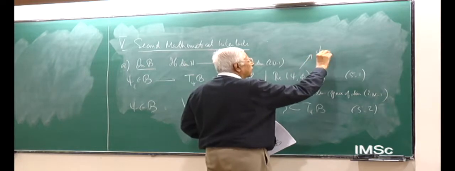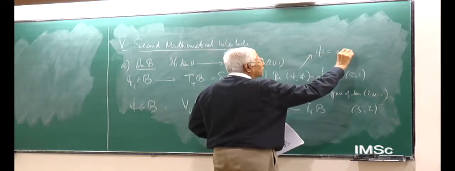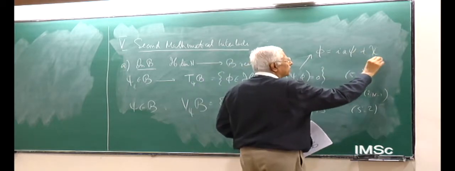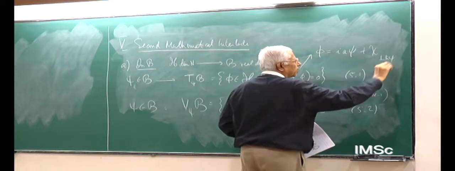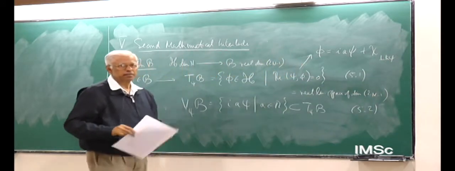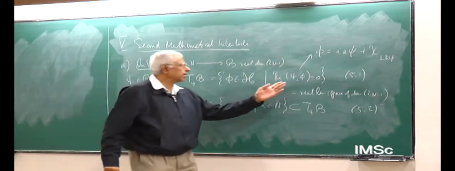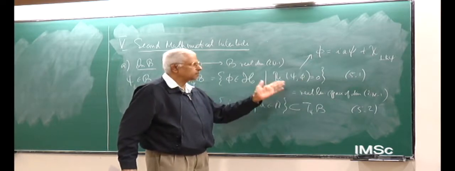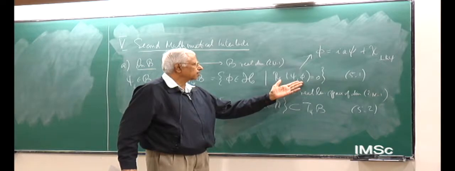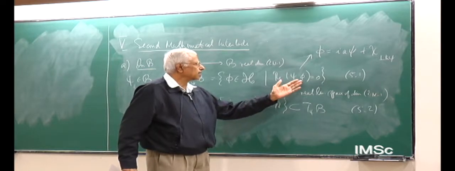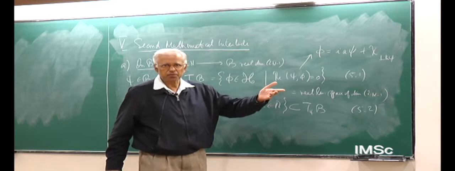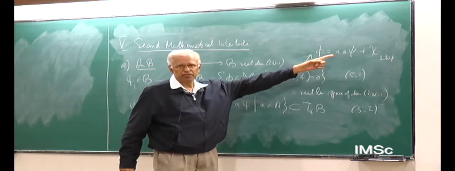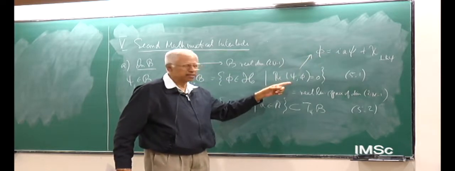If phi is a pure imaginary multiple of psi plus something perpendicular to psi. That is, take any phi obeying this condition. You can, in the Hilbert space sense, decompose it into a component along psi and a component perpendicular to psi. This is always possible. The part parallel to psi must have pure imaginary coefficient, so that the real part here will be 0.